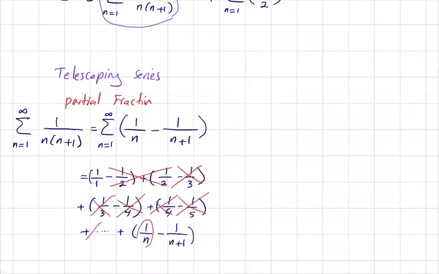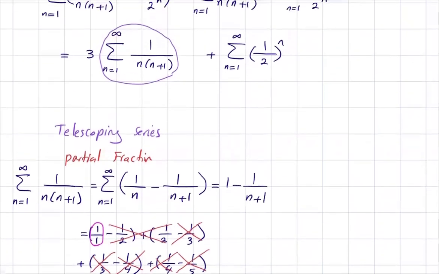The term before 1 over n is negative 1 over n. You can cancel these two out. So you're left with two terms in this series, 1 and negative 1 over n plus 1. So this series can be written as just two terms, 1 minus 1 over n plus 1.